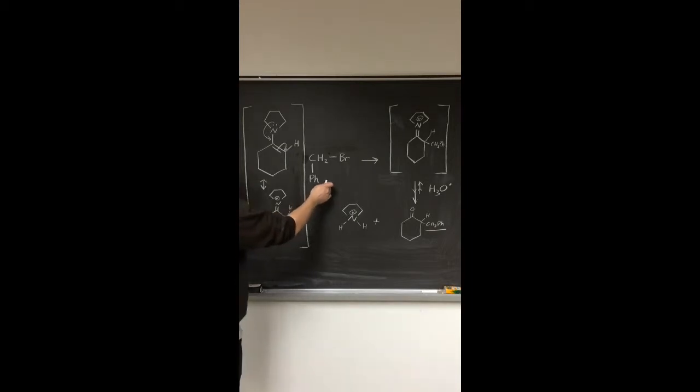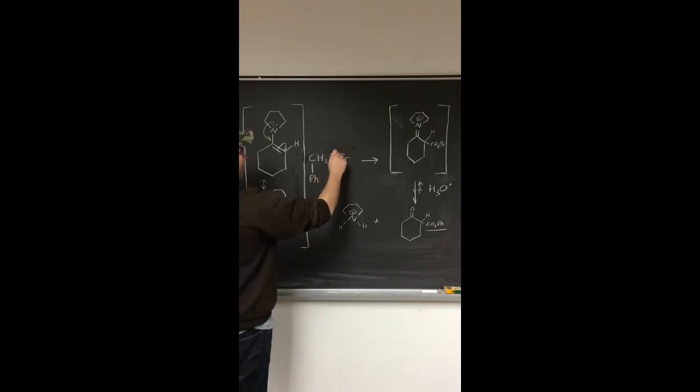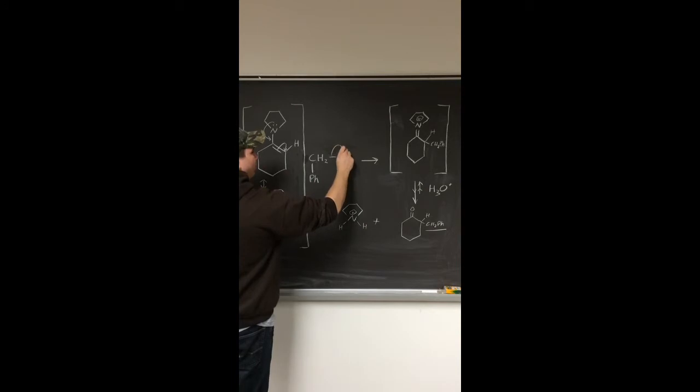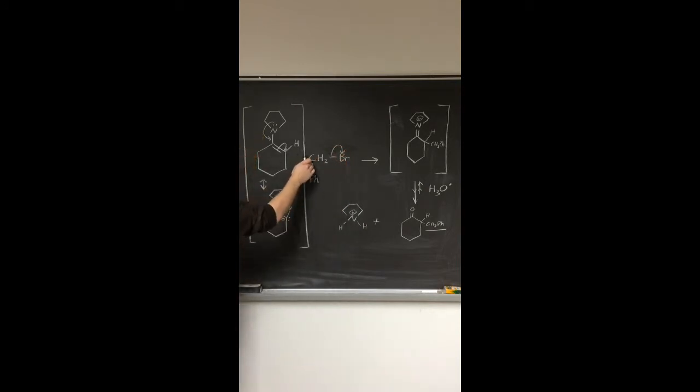Over here with this reagent, we have the bond between bromine and carbon here, dropping the lone pair onto this bromine, and this will leave a positively charged cation here at this carbon, which will be electrophilic and will be attacked by the nucleophilic carbon at the alpha position.